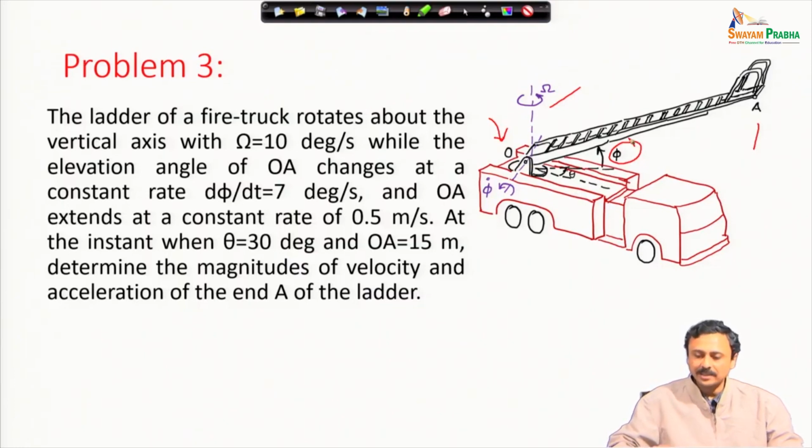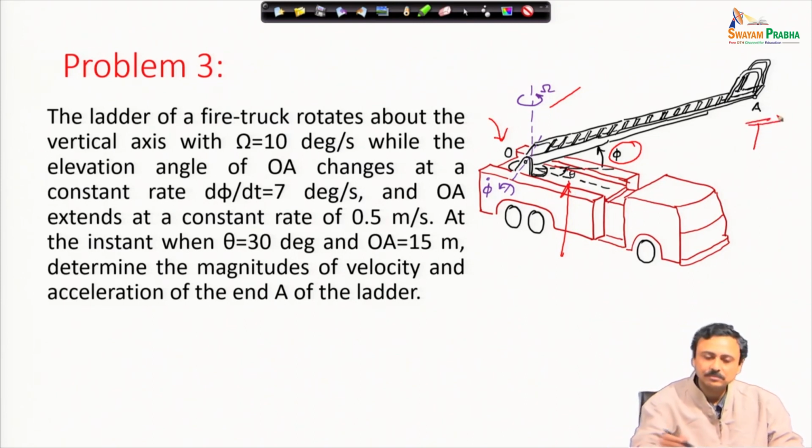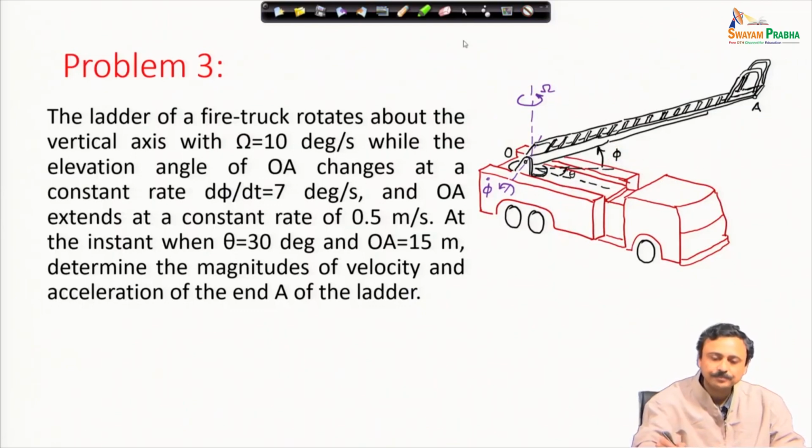O is here, A is here. OA extends at a rate of 0.5 meter per second. At the instant when theta is equal to 30 degrees, theta being the angle shown here, and OA is 15 meters, determine the magnitudes of velocity and acceleration of the end A of the ladder. So, we have to find the velocity and acceleration of this point A.